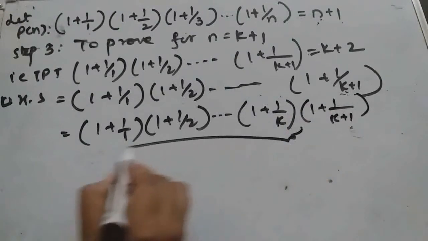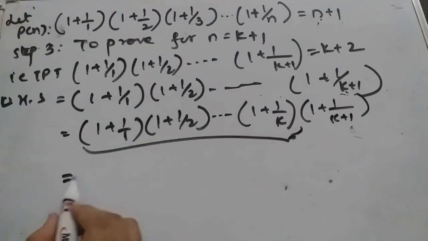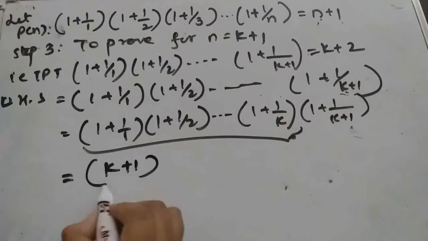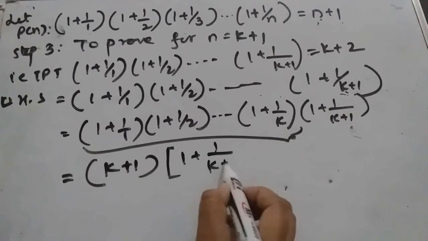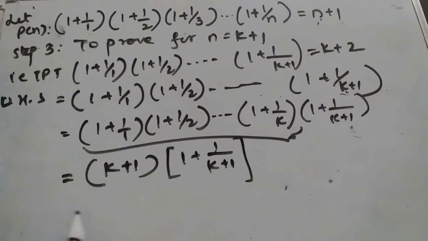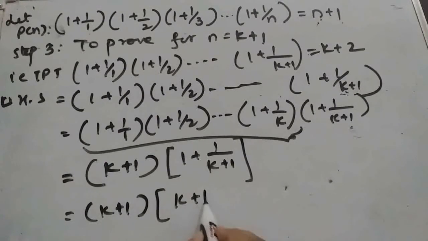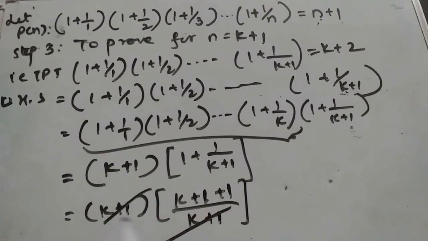But from equation 1, this expression is equal to k plus 1. And here we have 1 plus 1 by (k plus 1). Cross multiply: (k plus 1) divided by (k plus 1). This bracket will go.